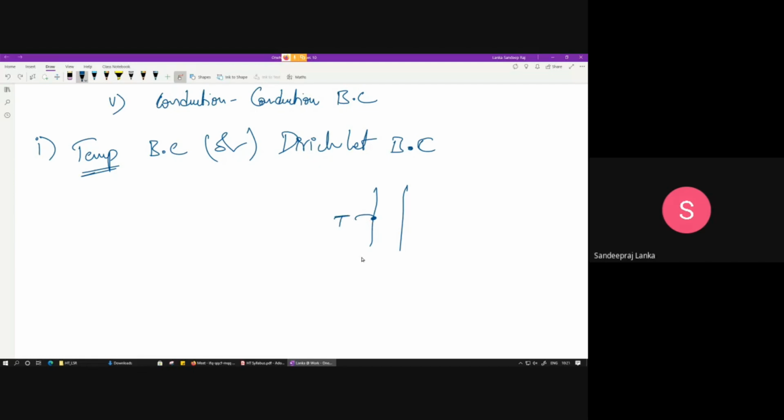I will take this simple case of conduction in a wall. This is x is equal to 0 and this is x is equal to L. The thickness of this wall is L. If I take it in the x coordinate system, x is equal to 0 is on this side, x is equal to L is on the other side. Now, here I want to define the temperature T1 on this side.